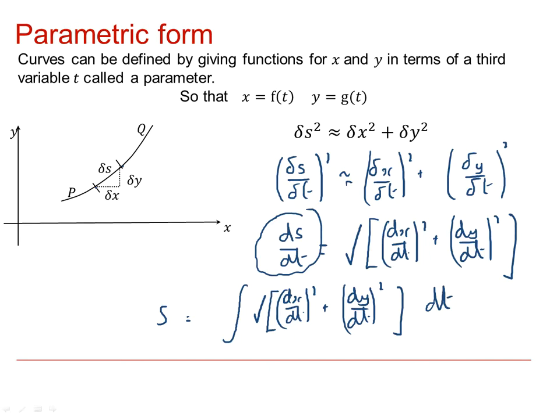Now because it's with respect to t, the limits on the integral need to go from t1 up to t2. So if we wanted the arc length from P to Q, for example, this would be our value where t is equal to t1, and this here would be our value where t is equal to t2.